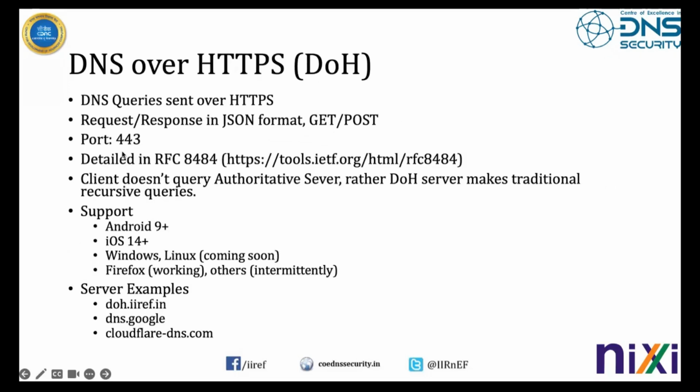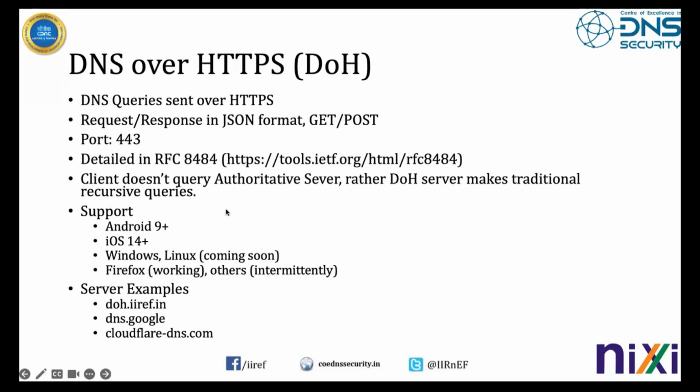DNS over HTTPS is basically where the DNS queries are sent over HTTPS, and a web server will interact in the backend with the DNS resolver and give you the response again as an HTTPS response. So this works on port 443, the default port.